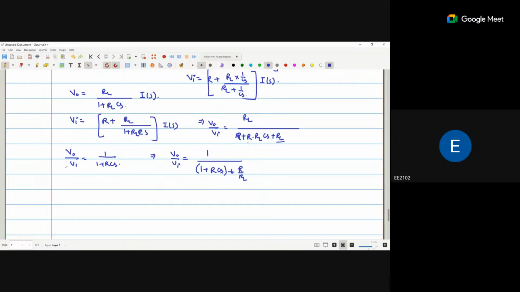And if we keep the numerator as it is, I just take R plus RL as common. So V naught upon VI, just take R plus RL from the denominator as common and take it outside. RL upon R plus RL divided by R plus RL. I already took it common, so 1 plus RL upon R plus RL CS.